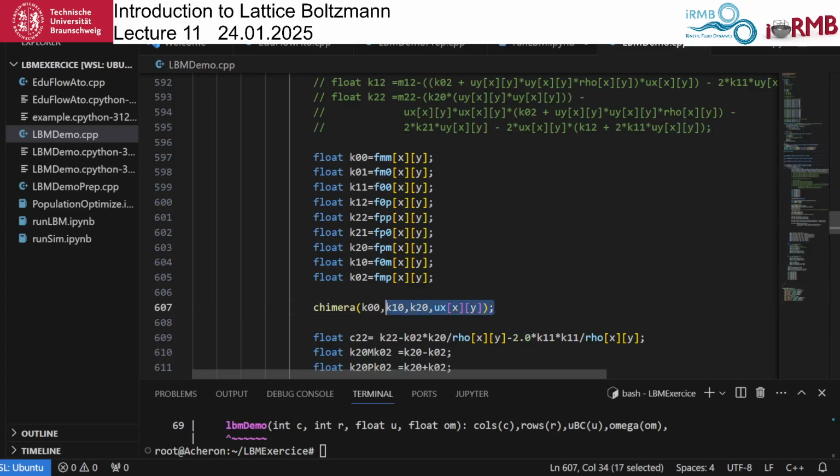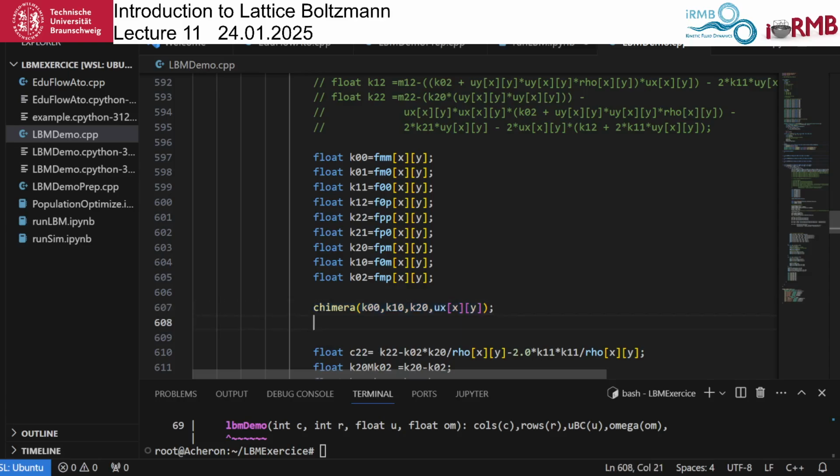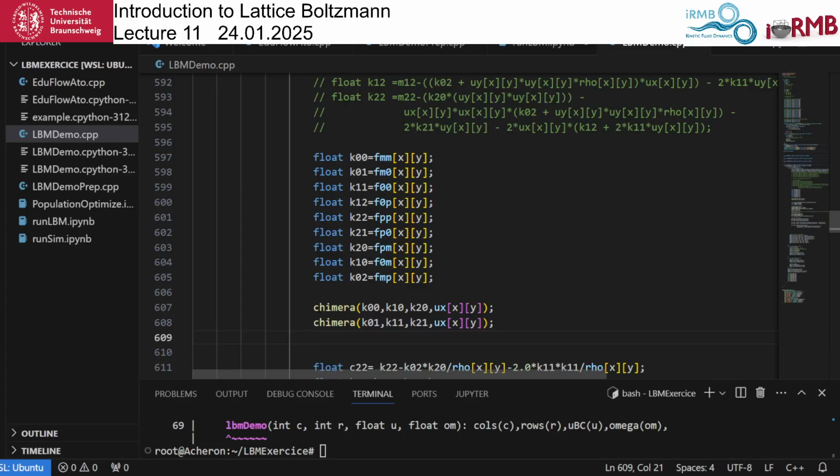Yeah? So we'll have to repeat this for all the other directions. So in 2 dimensions there's only 3. So we have to repeat this here, here, and here. So this is the other combination, and then we have a third combination.